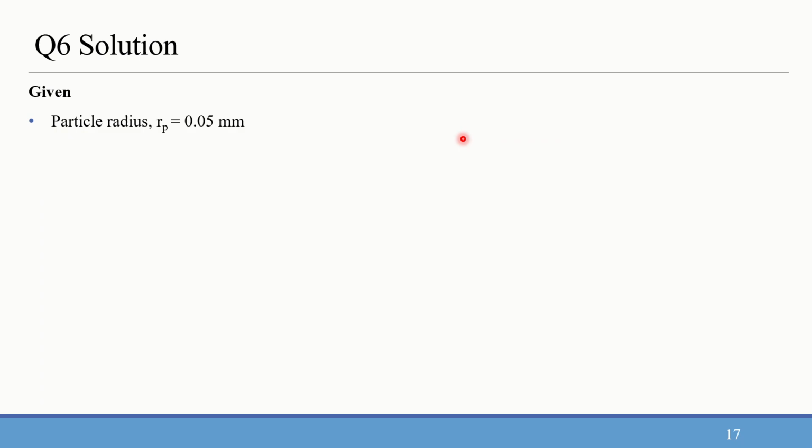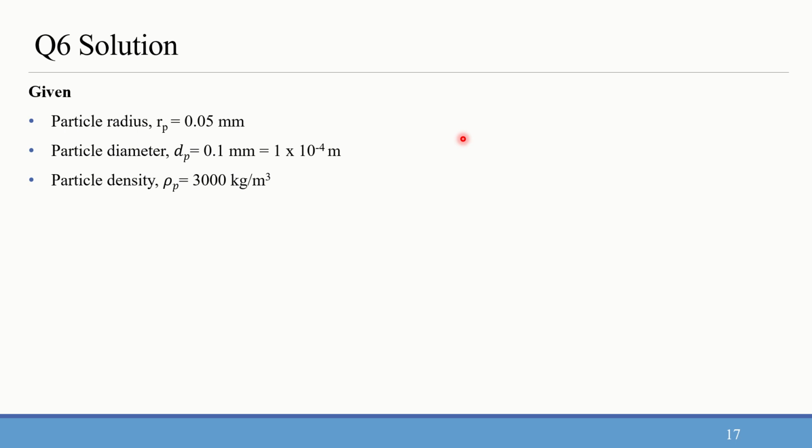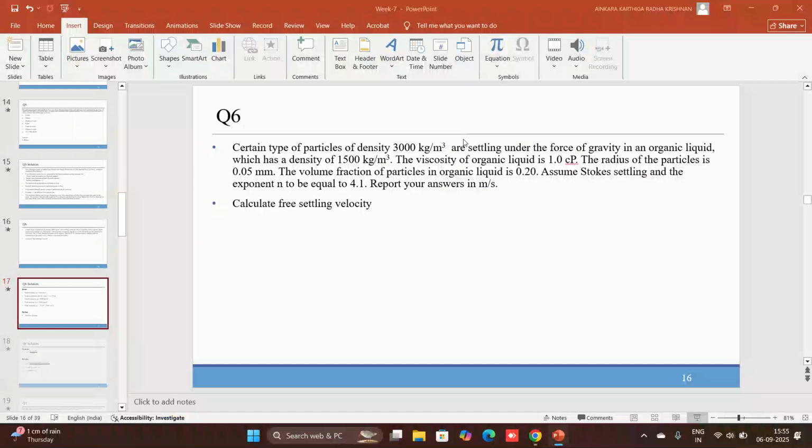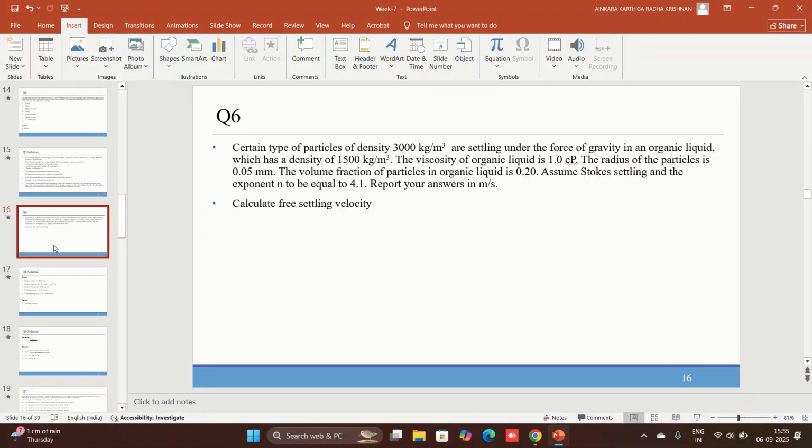So what is given? The particle radius is 0.05 mm and the particle diameter is 0.1 mm, so it is 1 into 10 power minus 4 meter. The density of the particle is 3000 kg per meter cube, the fluid density is 1500 kg per meter cube, and the fluid viscosity is 1 centipoise or 0.001 Pascal second. We need to find the free settling velocity, that is important.